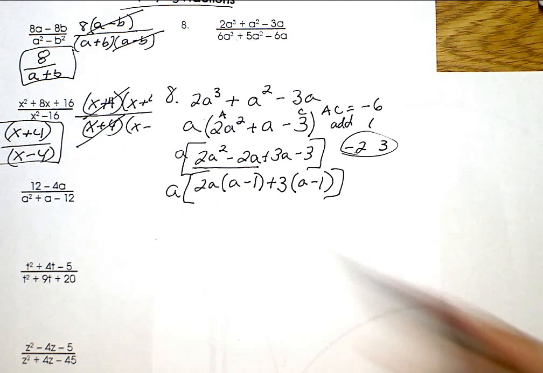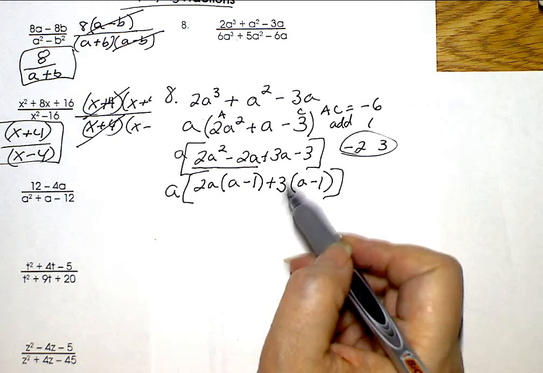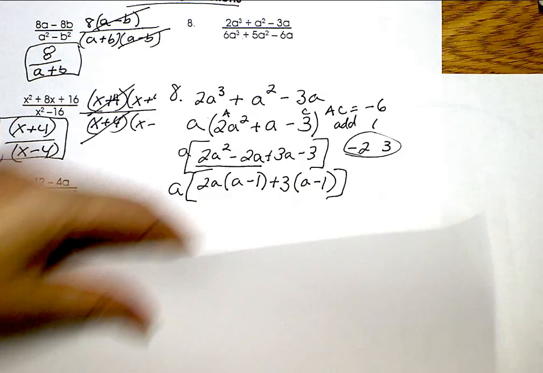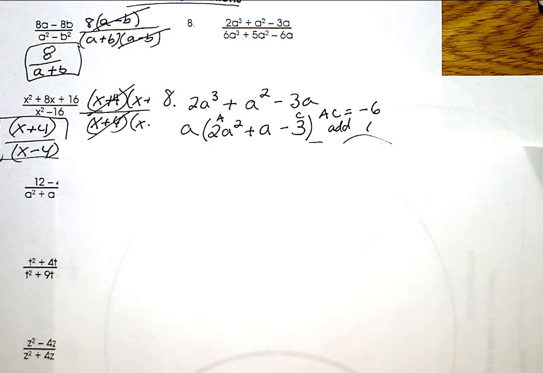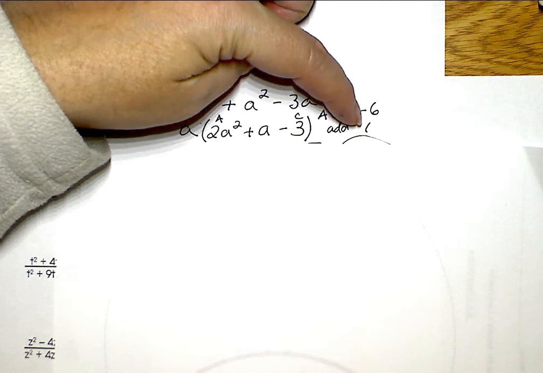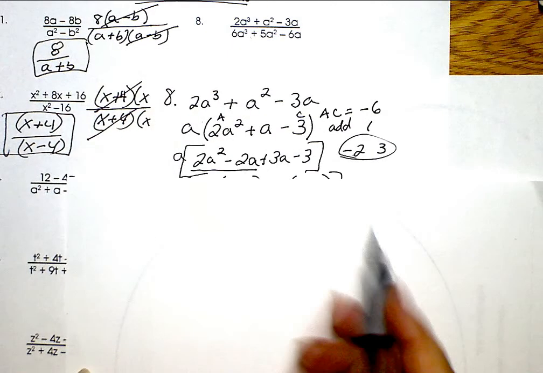What don't you understand? Do you understand up to this part? Okay, then I found two numbers that multiply together to give me negative 6 that add up to 1. So you got that. Then I rewrote this. Do you understand up to that point?